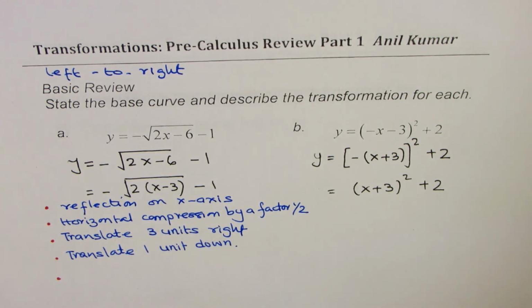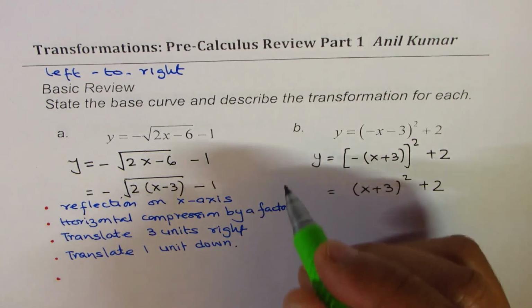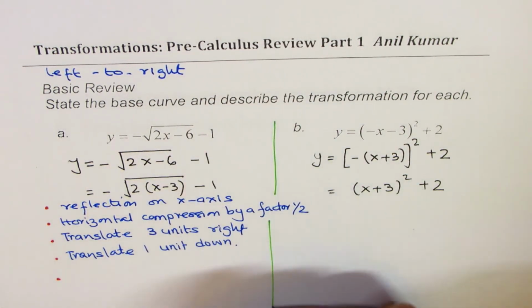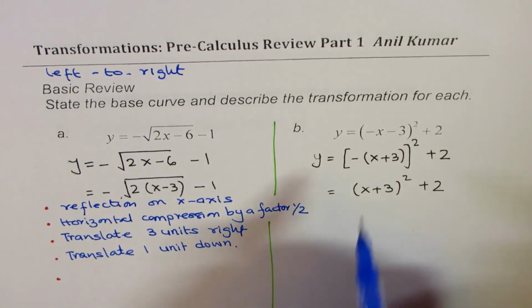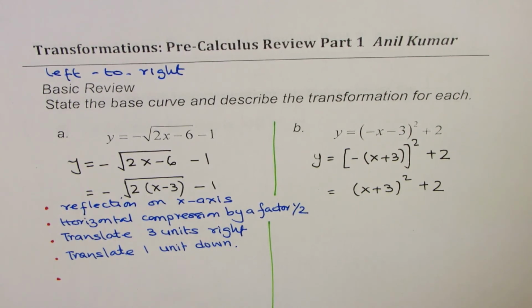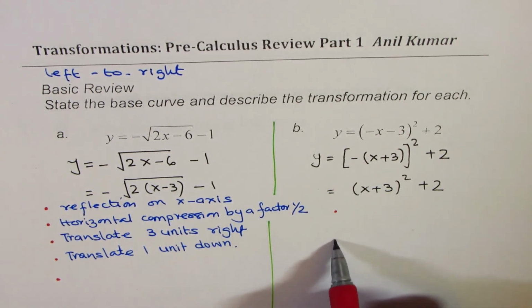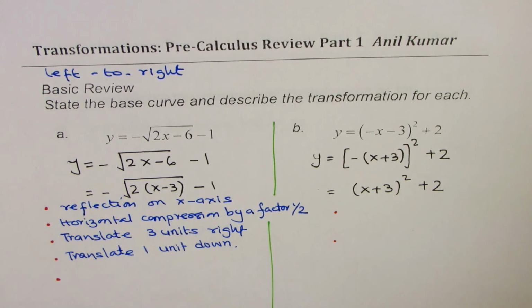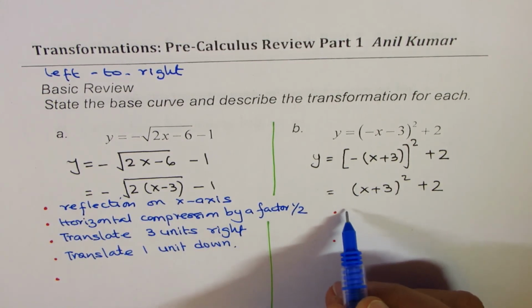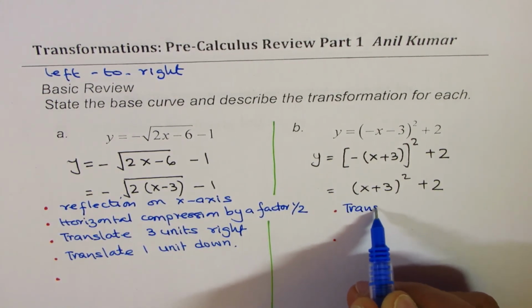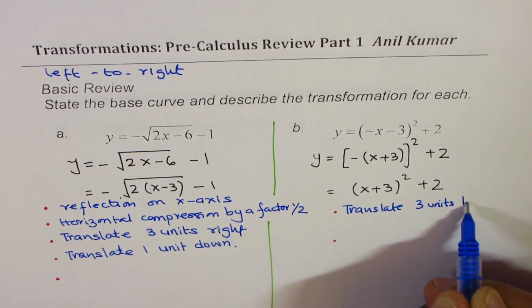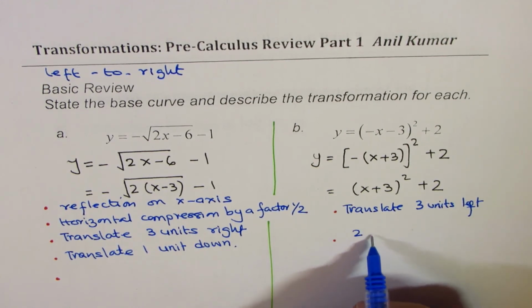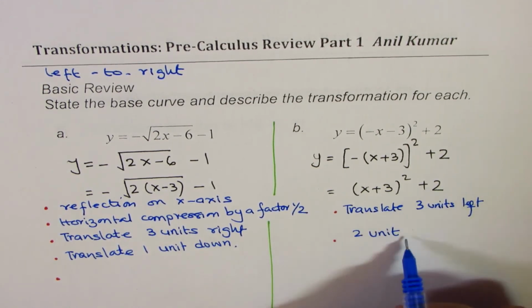And now, I could describe the transformation without any reflection on the y-axis. Do you get an idea? Right? So the transformation now, I could say there is only one basic translation, which is translate 3 units left and 2 units up.